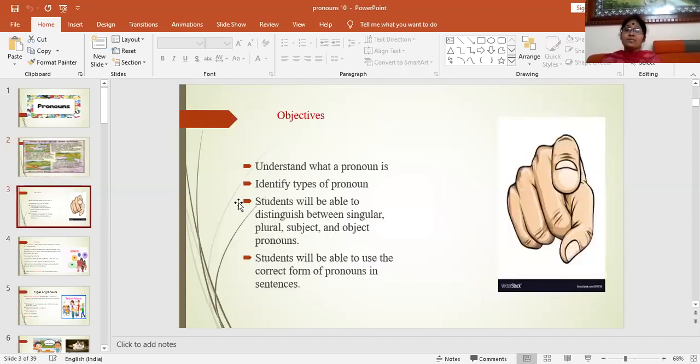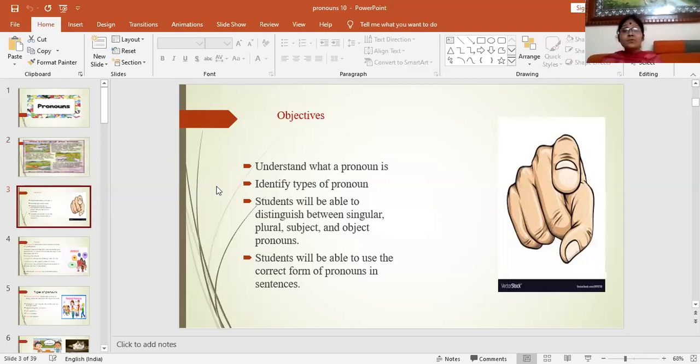So what is our objective? Our objective is to see that you understand what a pronoun is, and you identify the different types of pronouns. And you also will be able to distinguish between singular, plural, subject, and object pronouns.